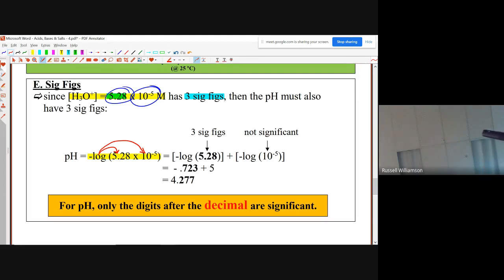When I take the negative log of the 5.28 part, this is the answer that shows up in my calculator, negative 0.723. When I take the negative log of the times 10 to the minus 5, the part that is not significant, we have this big number here. And when I put both of these values together, we get 4.277.